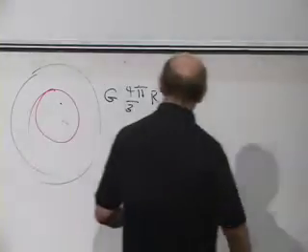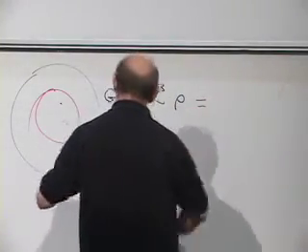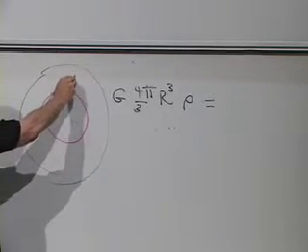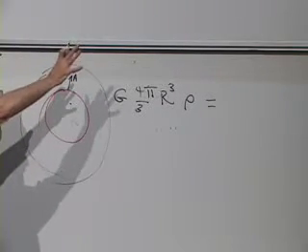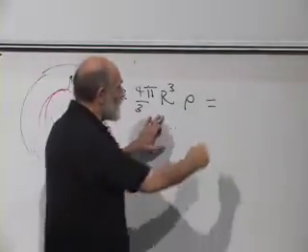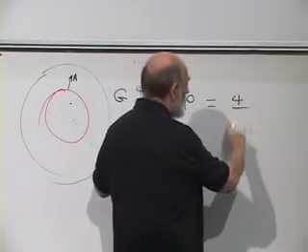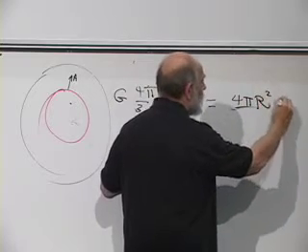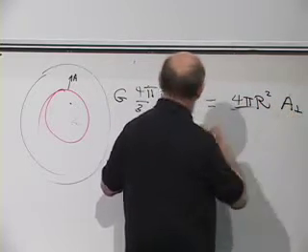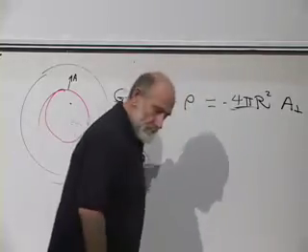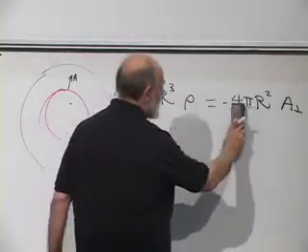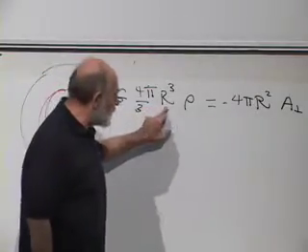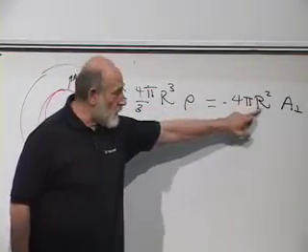The other side of Gauss's equation is the integral of the component of A sticking out from the surface. That's equal to the surface area, 4 pi r squared, times A perpendicular. And there's a minus sign there. So we have on the left side something like r cubed, on the right-hand side, r squared.